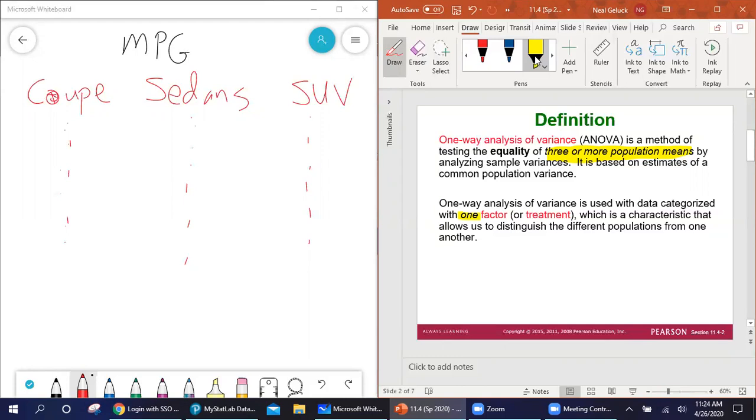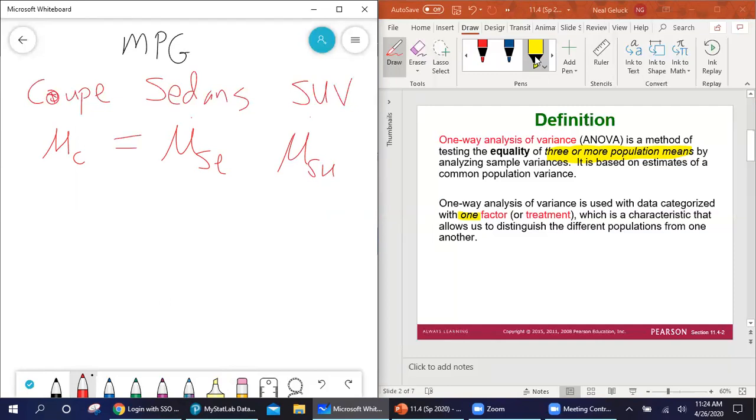So basically what we're going to be doing in these is trying to figure out, are the means for each group, so like the means of coupes, the means of sedans, and the means for SUVs, are they all equal?